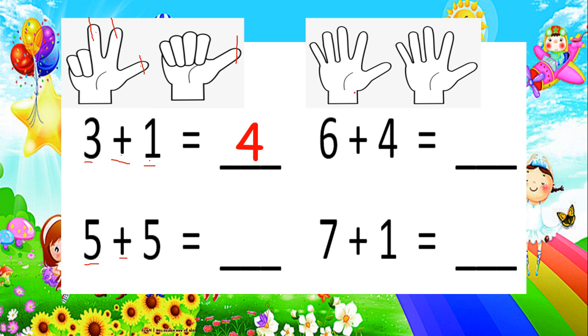You have your 5 and another 5. We put them together. So we need to count all the fingers here. So you have 1, 2, 3, 4, 5, 6, 7, 8, 9, 10. So you have 5 plus 5 equals 10.